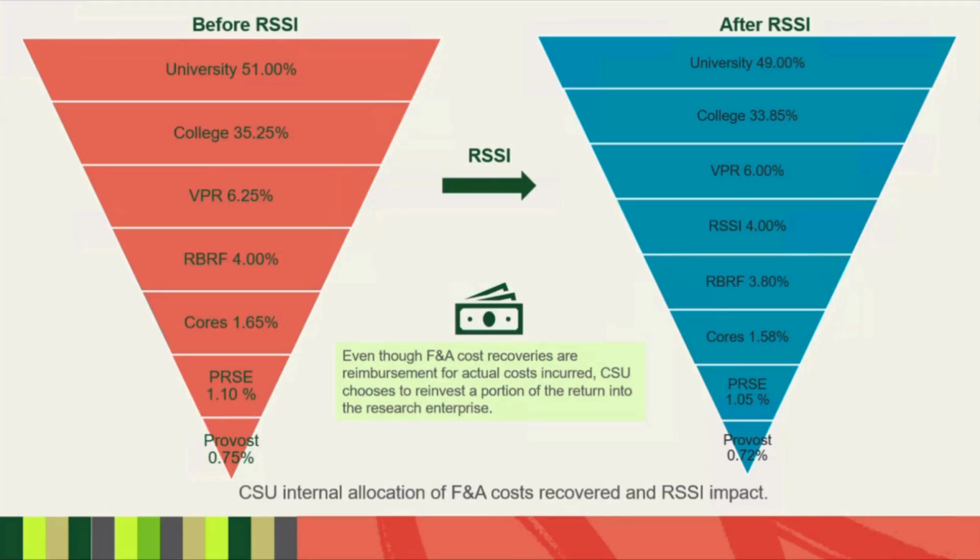This allocation of the indirect cost recovery back to these entities inside the university happened before me, more than 15 years ago, and I think it was when Tony Frank was the VPR, Chancellor Frank. I think that was the last time this allocation of the indirect cost recoveries was talked about or negotiated. It's fairly generous.